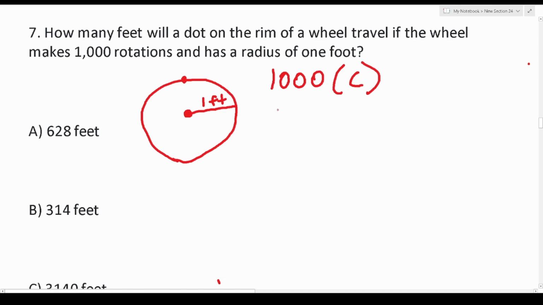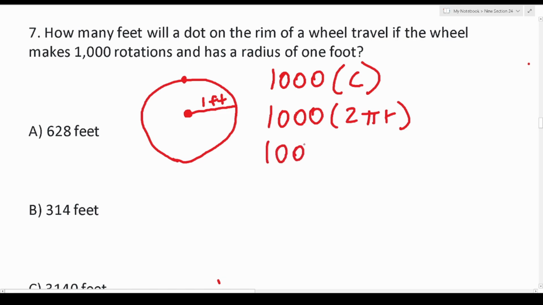So let's go ahead and see what that looks like. This is 1,000, and circumference is given by 2 formulas. It's either pi times diameter if you have the diameter, or it's 2 pi r if you're given the radius. And in this case, we're given the radius, so we're going to use 2 pi r.